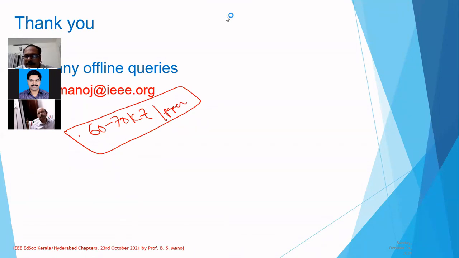Let me take one question. Anand Ramendran is asking, is a graphical abstract similar to a block schematic? Sabina is asking. A graphical abstract is like a picture or graph, which might be more than just a schematic. Sometimes it will have some results: one result graph and one architectural diagram may be there. That will convey the summary of the paper in one sheet.